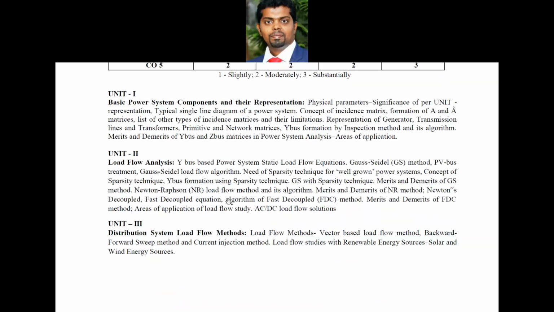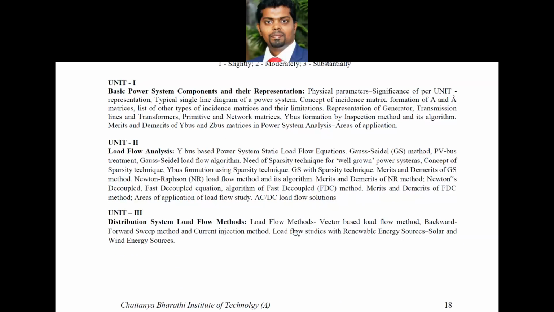Next, coming to the third unit, distribution system load flow analysis. So here the load flow methods: vector based load flow method, backward forward sweep method, current injection method. So here it is a little bit of the distribution side. On the distribution side, how we are going to do the load flow analysis, especially with renewable energy resources.